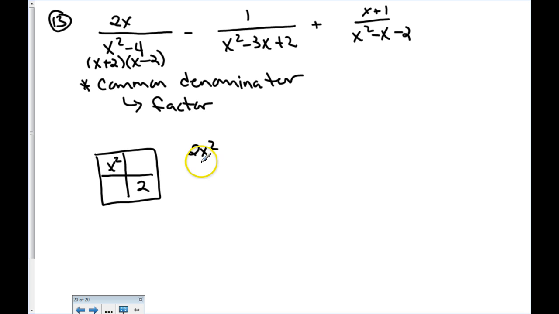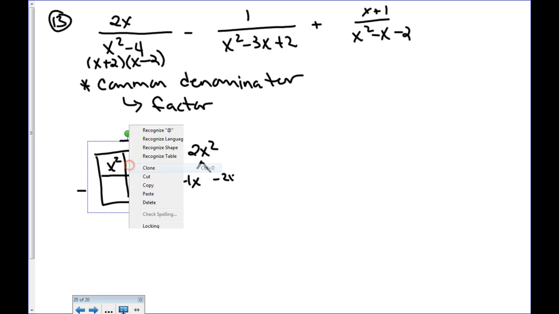I need to factor this so that the factors will add up to be the middle number, and that's a negative 3x. Negative 1x, negative 2x. And notice that because both of these are negative, both my factors have to have a negative number coming out of it. So that's the first thing you need to do.